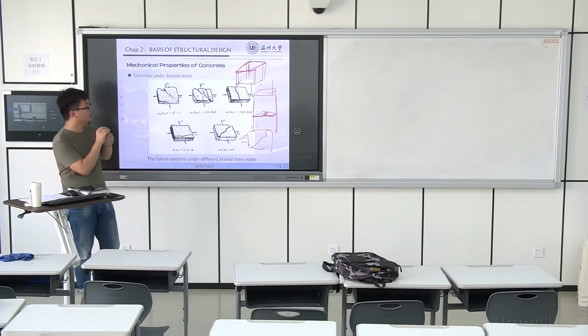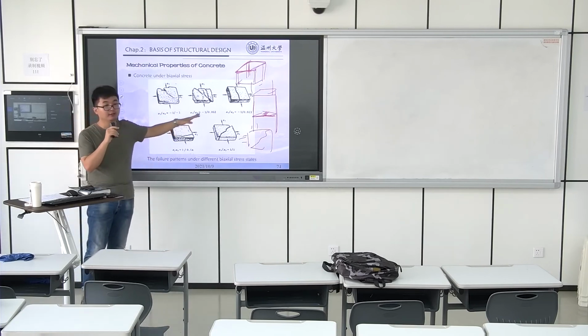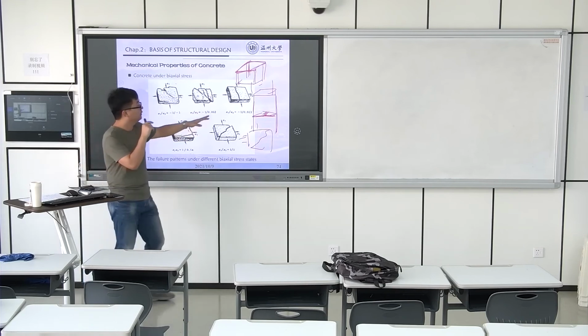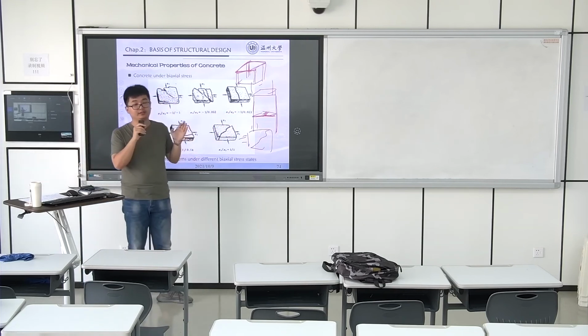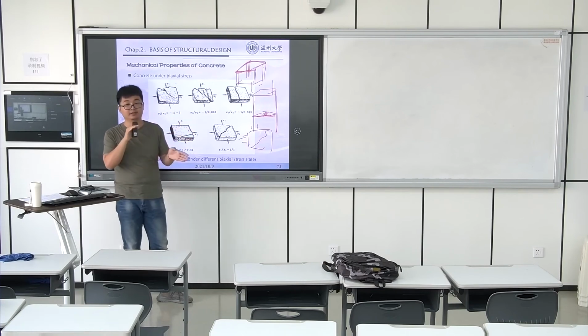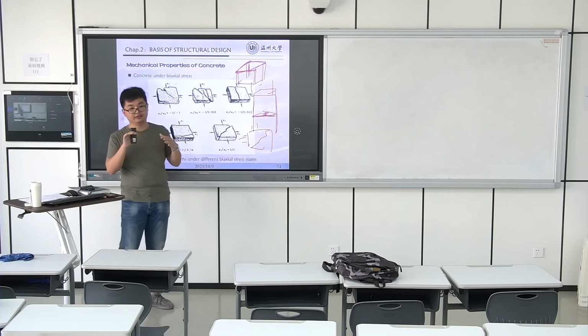This is what we observed from the laboratory, but it can be used to explain reality. In reality, in some buildings we find cracks develop, right? Because minor cracks always exist in the concrete. The load just lets them enlarge.